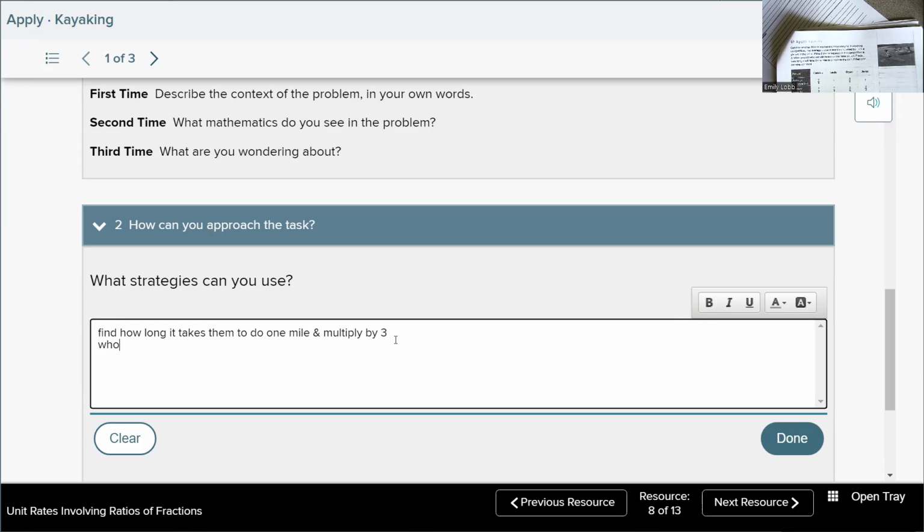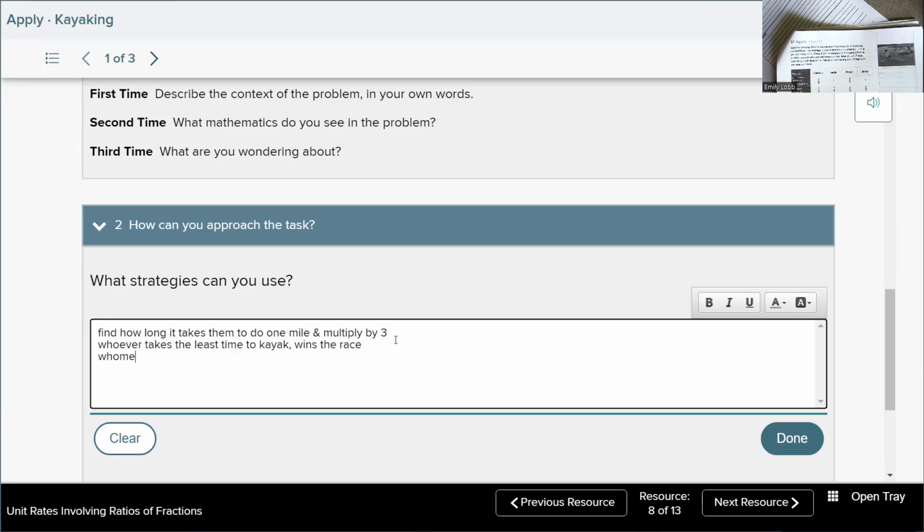So whoever takes the least time to kayak wins the race. So maybe we could just tell by the rate, which means whoever has the biggest rate or the lowest rate wins the race. The bigger the rate, the faster they're going, right?